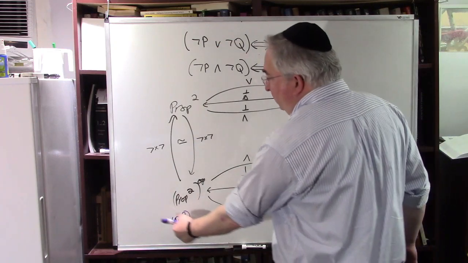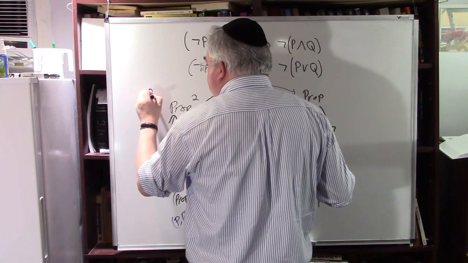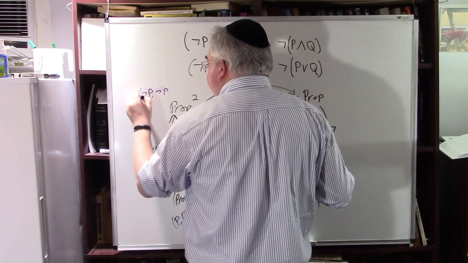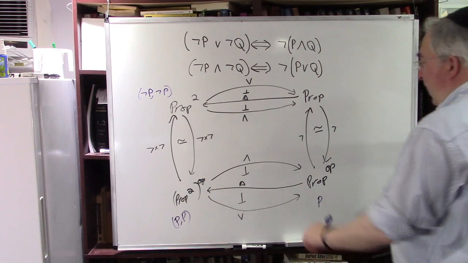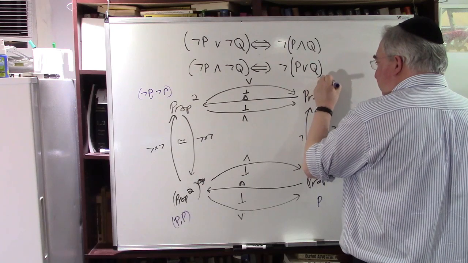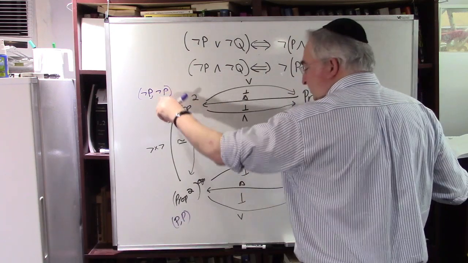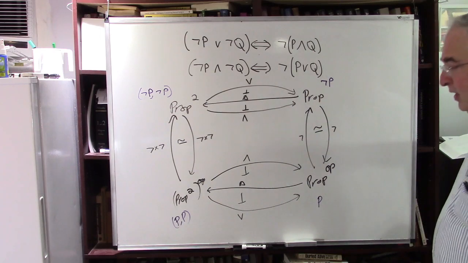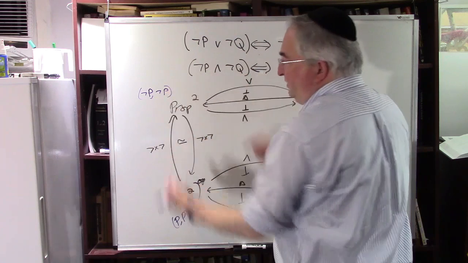Great. Now I'm going to do not of them. So I get not P, comma not P. Very nice. Okay. I could have also done it this way and get not P. And then this diagonal takes it to the same thing, not P, not P. Okay, main point is both of these commute exactly.